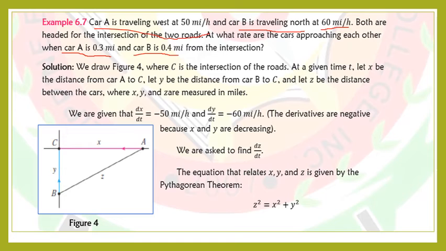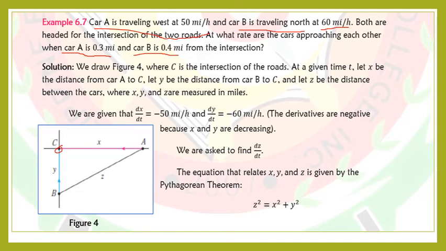Okay, so we draw figure 4. Atin sa figure 4 natin, where C is the intersection of the roads. So, ito yung intersection nila, class. At a given time t, let x, itong x na to, be the distance from car A to C. Ito yung point of intersection ng dalawang car.